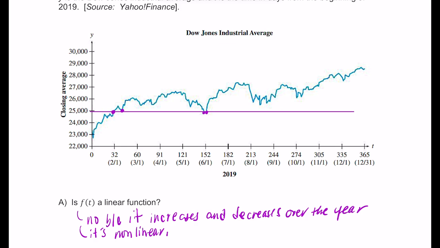So we can see here that at the end of January, so January around the 30th, 31st, maybe mid-February, and then late May, early June.